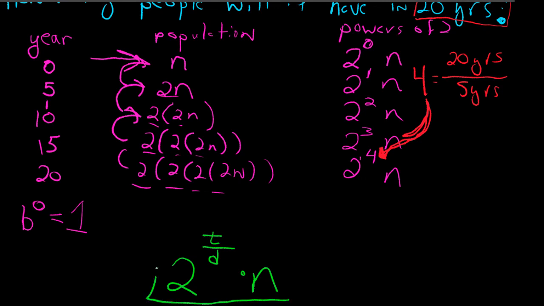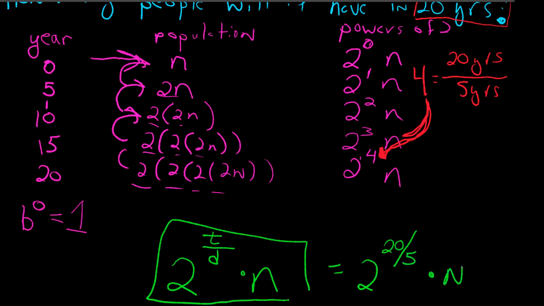Now this looks really weird. But look what I did here. I have 2 to the power of my time, which was 20, divided by my doubling time, which was 5 years. And then I had my starting number, which gives me 2 to the 4th times n.